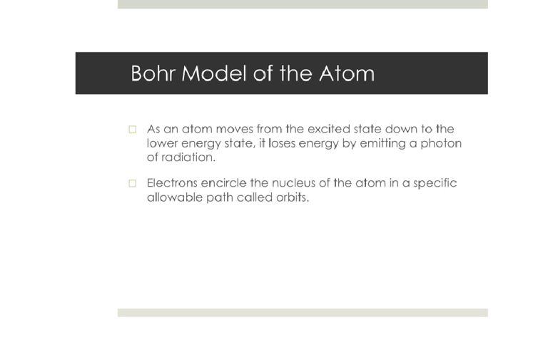So electrons encircle the nucleus of the atom in specific allowable paths called orbits. As the electron is circling the nucleus in these orbits, it can only go to different stages or different levels. You'll also hear these levels called orbits. The electron can move between different energy states, and it can go up or down in orbitals.